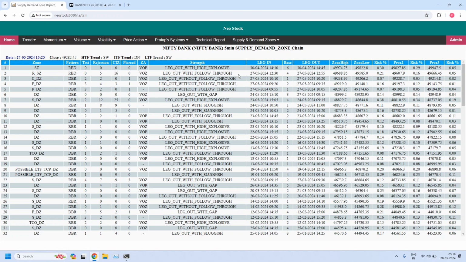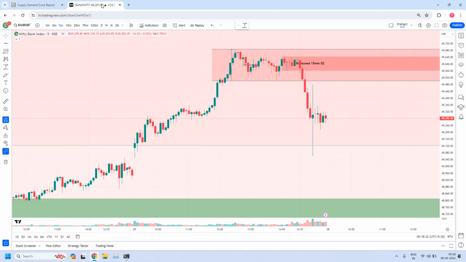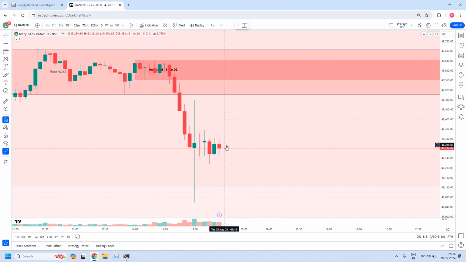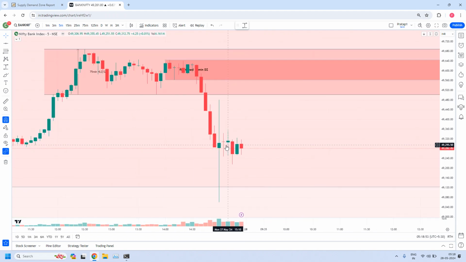And you have one high liquidity supply zone created today. Where was it created? At 12:30, 4 base candles. One, two, three, four.